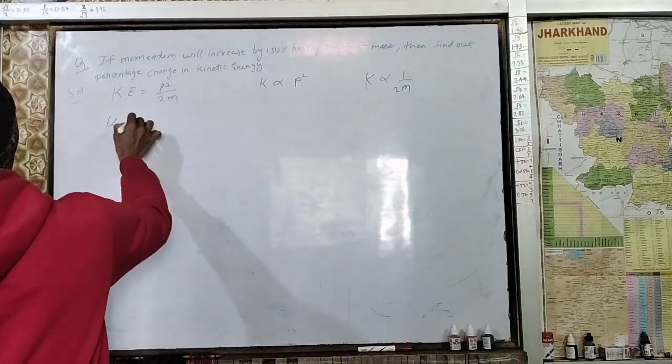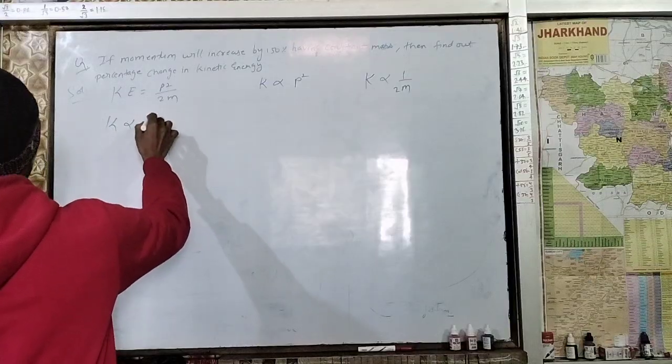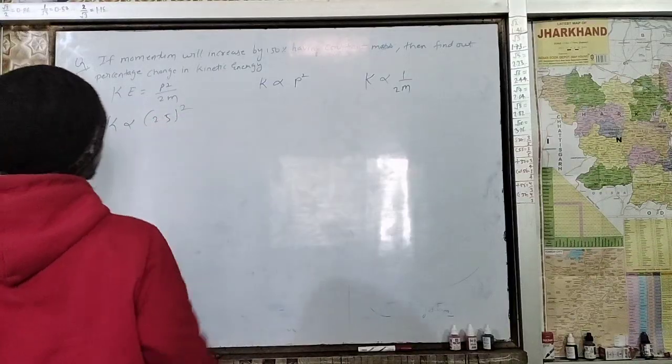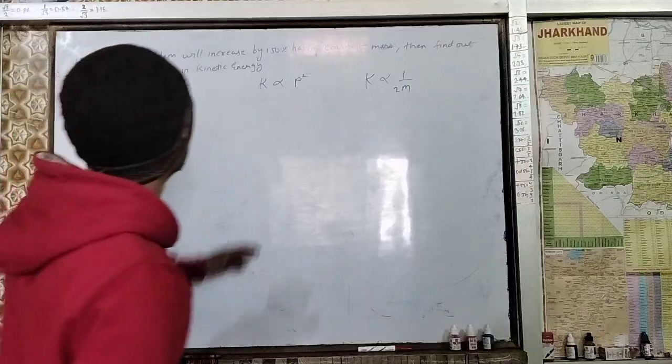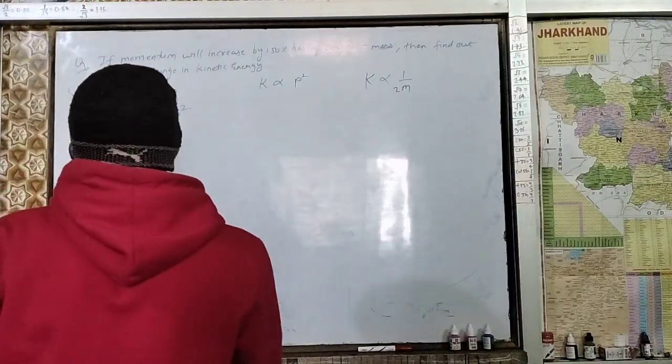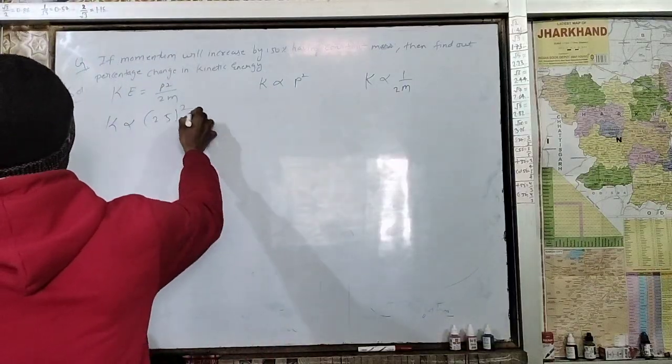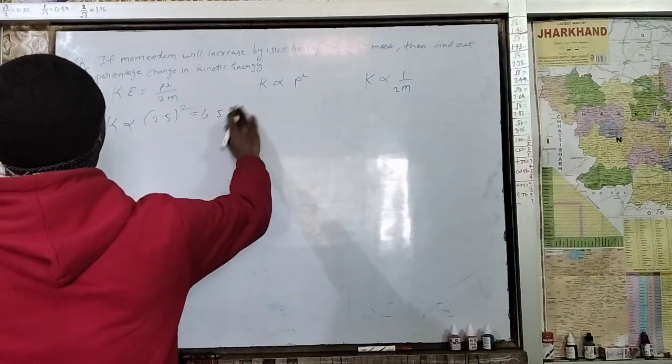Here you can write kinetic energy is directly proportional to 2.5 raised to power 2, that is 6.25 times.